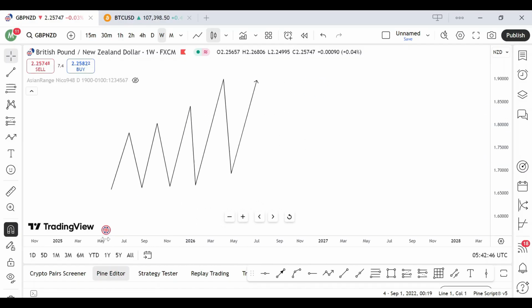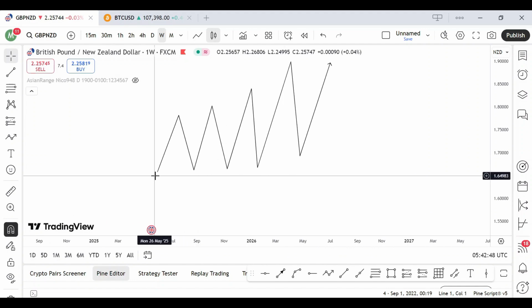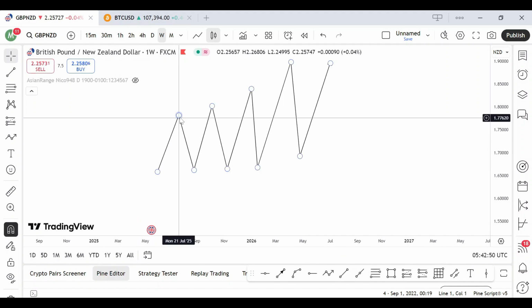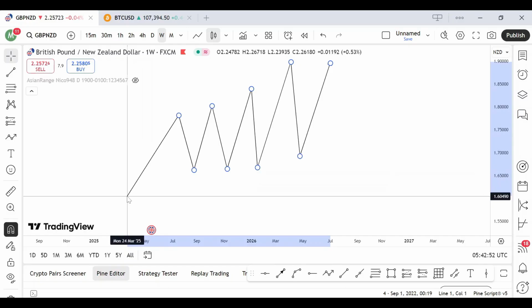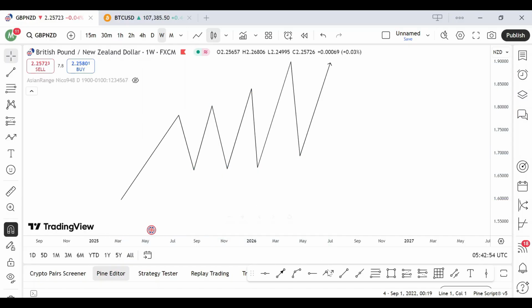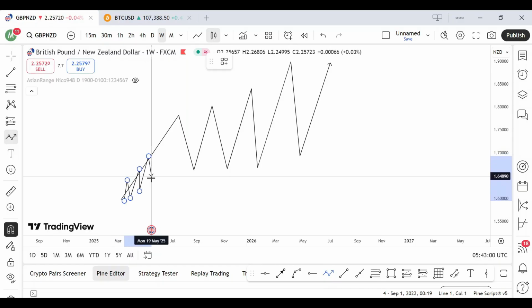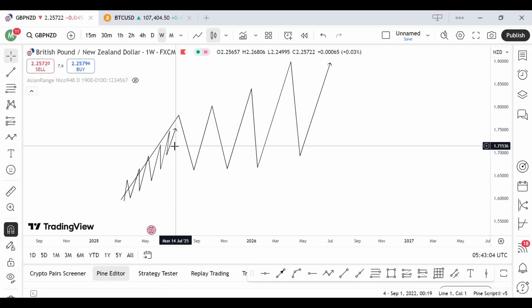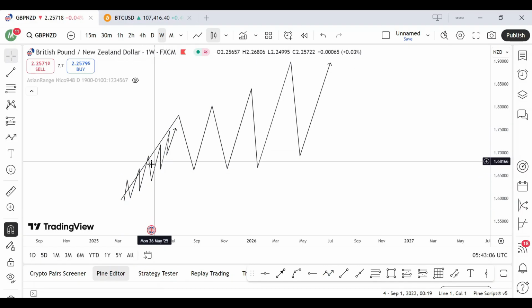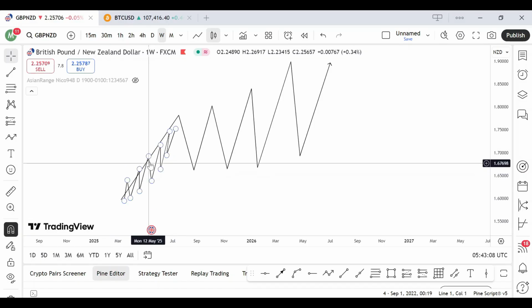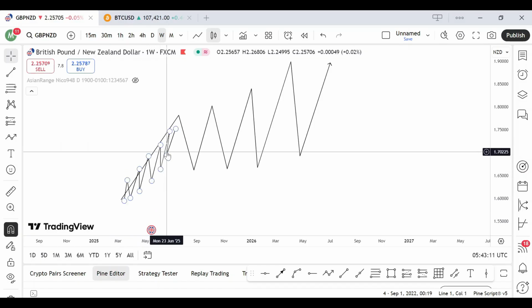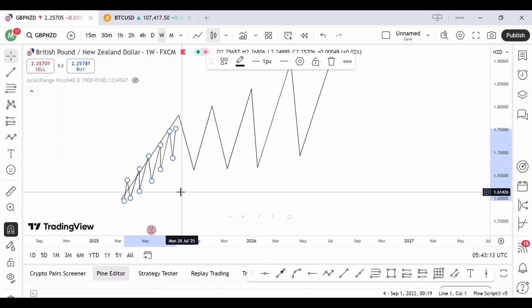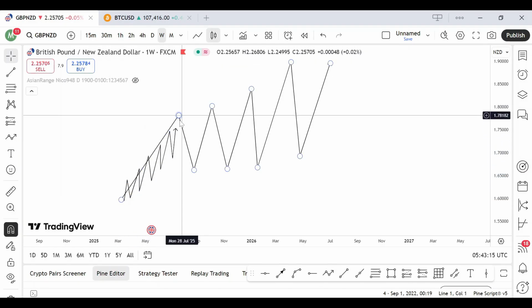When you go to a lower time frame, each move here, take for instance this impulsive move in a lower time frame, is also an uptrend. You see something like this in a lower time frame.